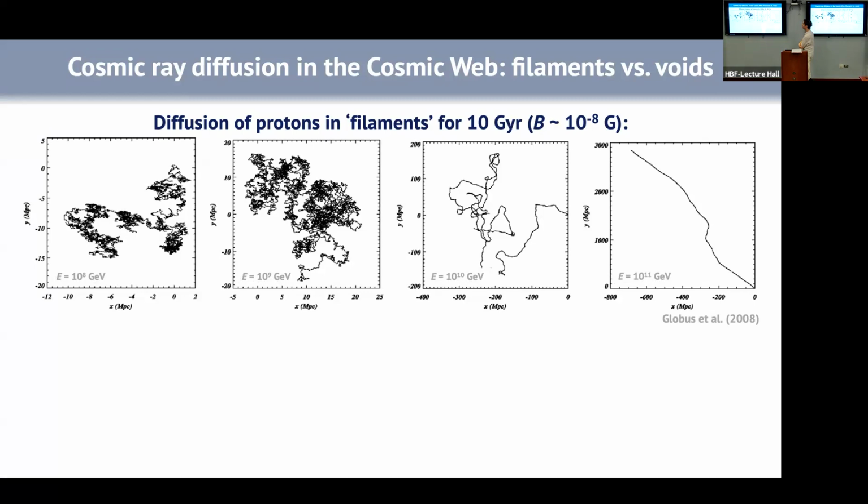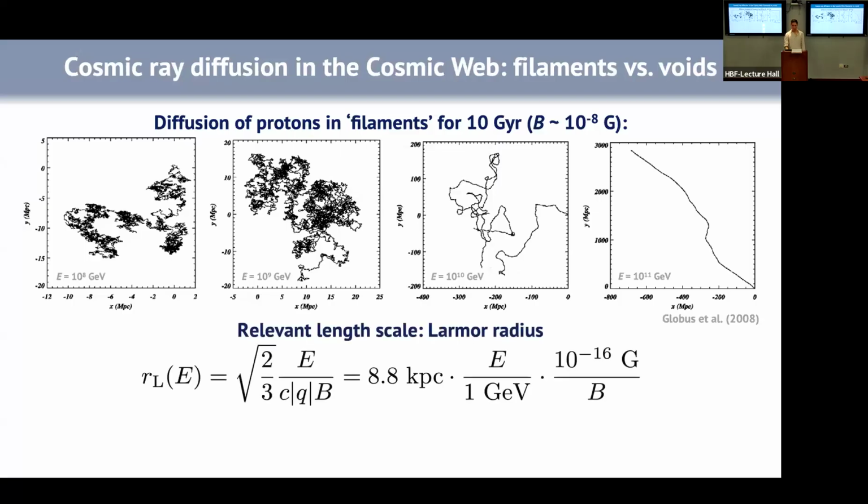So in the past, people have done simulations of how cosmic rays diffuse in filaments. In particular, people have looked at how protons diffuse through filaments as a function of the energy of the proton, so as a function of the inertia of the particle. And of course, as the energy of the particle becomes higher, the trajectory becomes more ballistic. But the nice thing is that the length scale that determines the diffusion behavior is the Larmor radius.